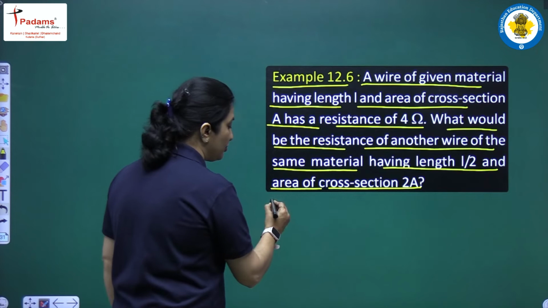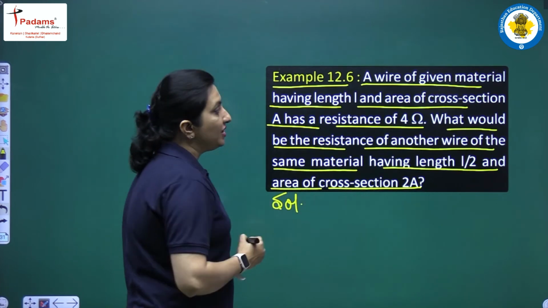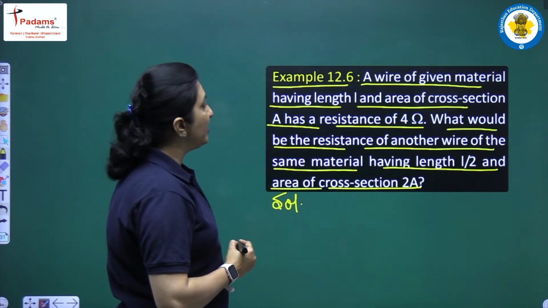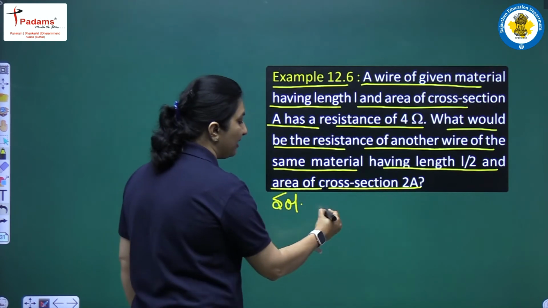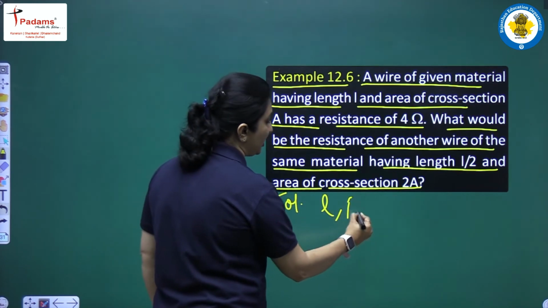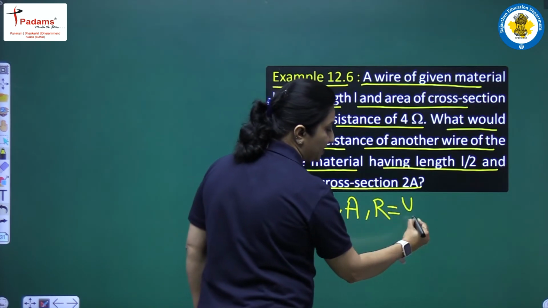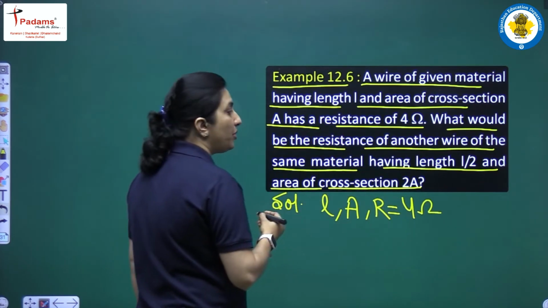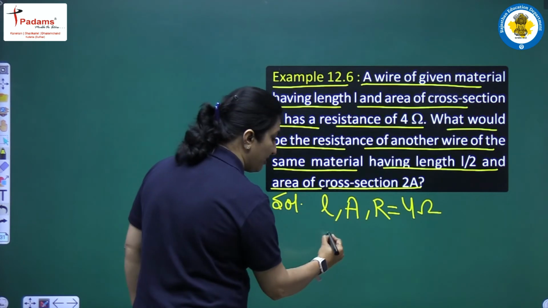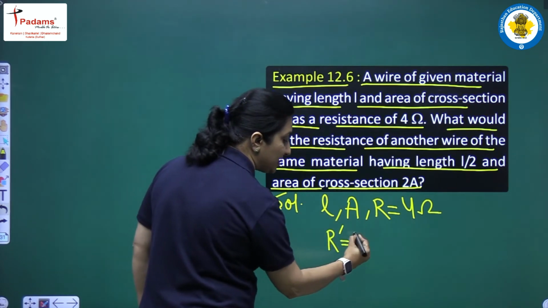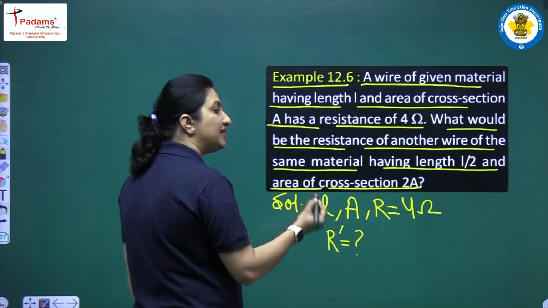So students, to begin with, we'll first write the quantities which are given. A wire of given material having length L and area of cross section A has a resistance of 4 ohms. What would be the resistance of another wire? We have to calculate the resistance of another wire of the same material.